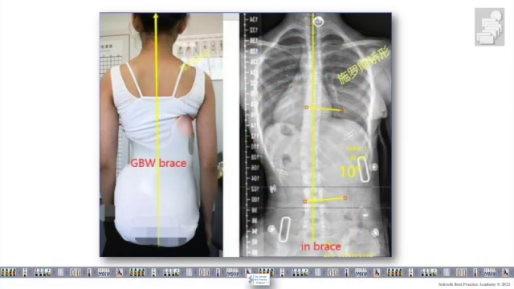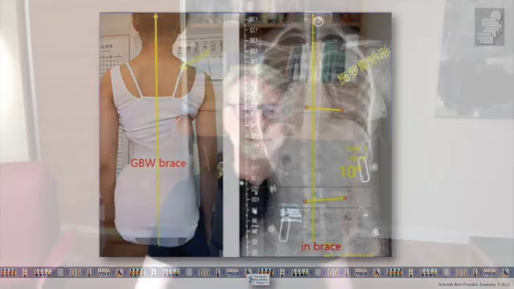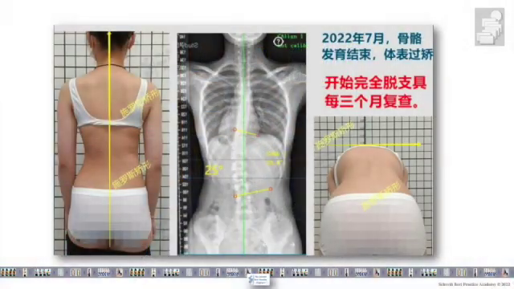A nice in-brace correction has been achieved. And the final result is quite remarkable, with a nice recompensation of the pelvis and with a vast reduction of the thoracolumbar hump.